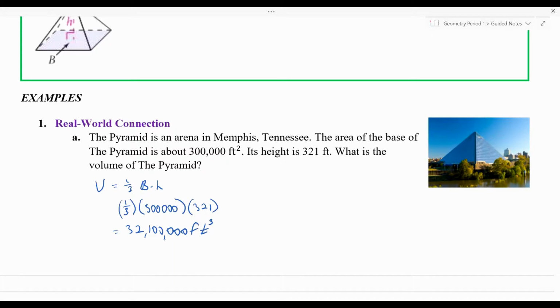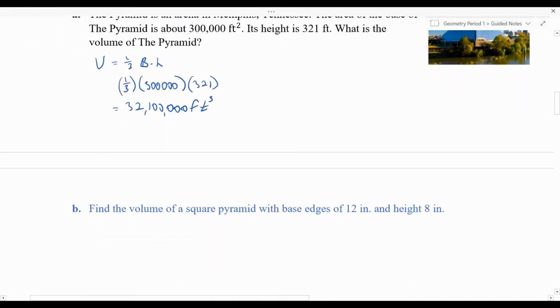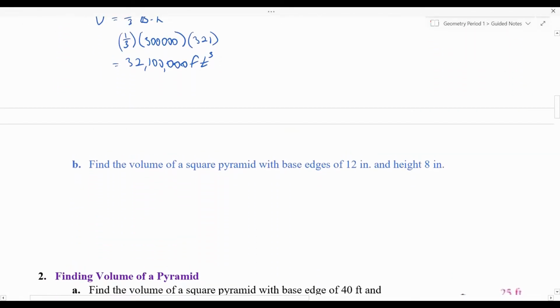Now let's take a look at an example that you'll get to do yourself. Find the volume of a square pyramid with base edges of 12 inches and a height of 8 inches. Good luck. On this one, we're still using the volume formula, 1/3 the area of the base times height. I usually work separately, so I calculate the area of the base off to the side.